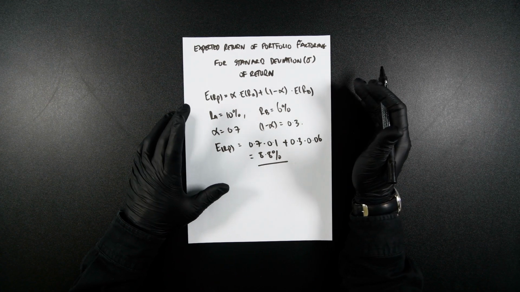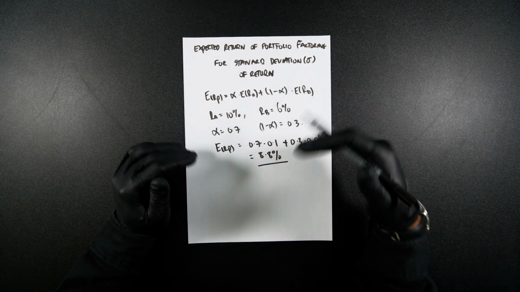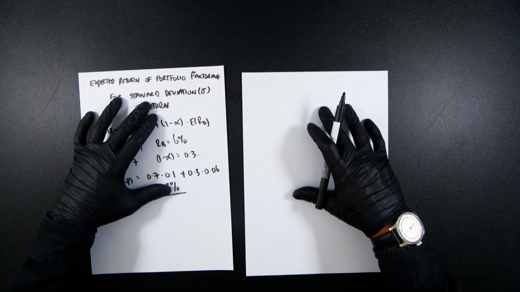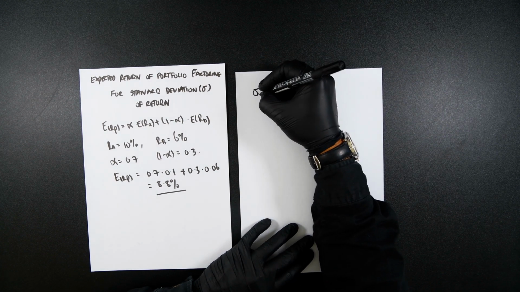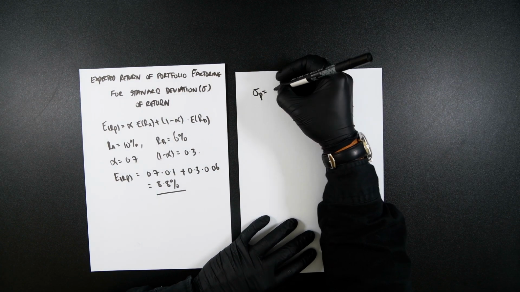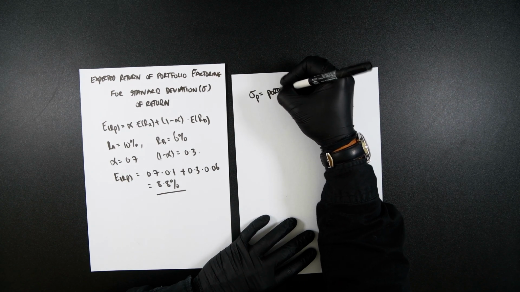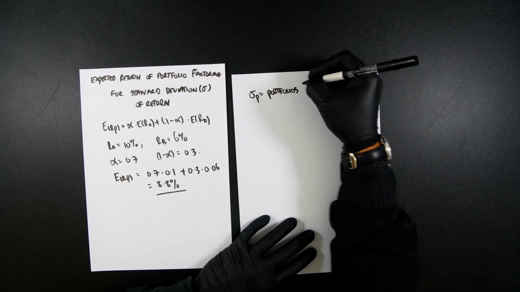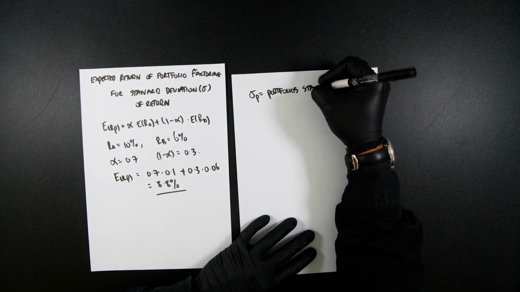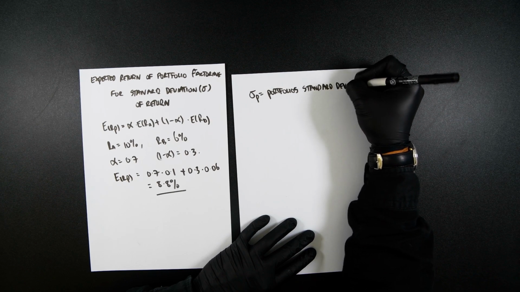So that's the expected return. But now we're going to focus on calculating how we can factor in the standard deviation of the return. Firstly, we're going to use the symbol sigma P, which is the portfolio's standard deviation.